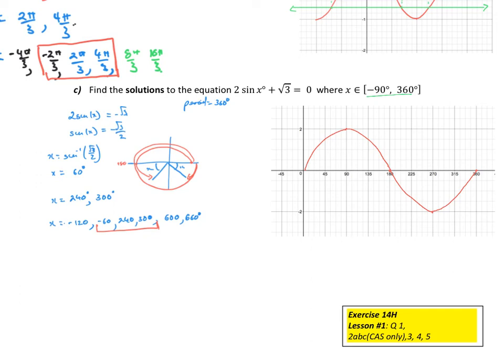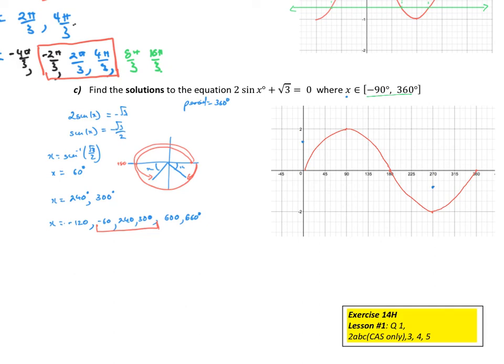So root 3 is about 1.7, isn't it? So that means that everything's going to move up about 1.7. Well, it's less than 2 anyway. So we'll call that about root 3 there. So every point's going to go up.